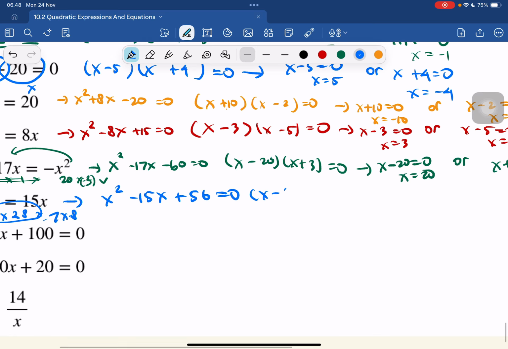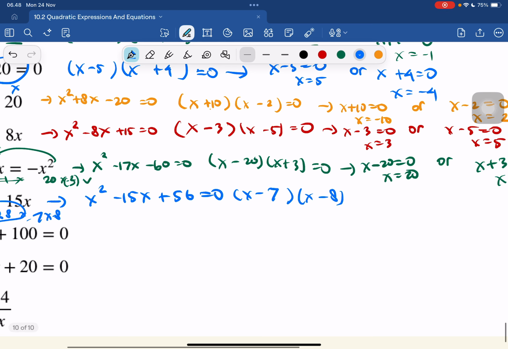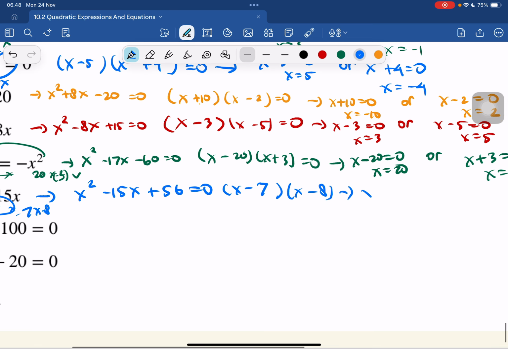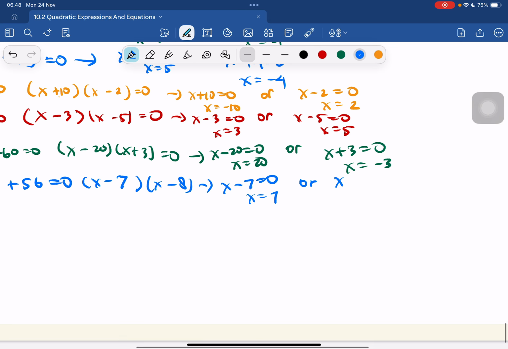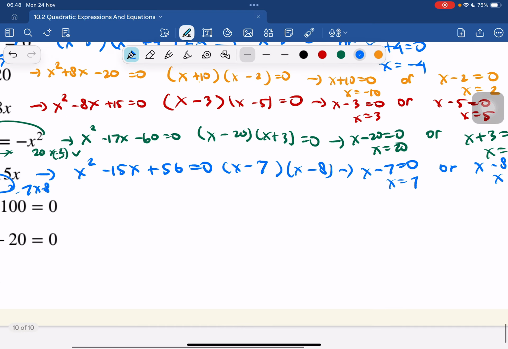So x minus 7 and x minus 8. When we multiply, it's going to be 56, but when we add, it's going to be minus 15. So first x minus 7 equal to 0, so x equal to 7. Or x minus 8 equal to 0, so x equal to 8.